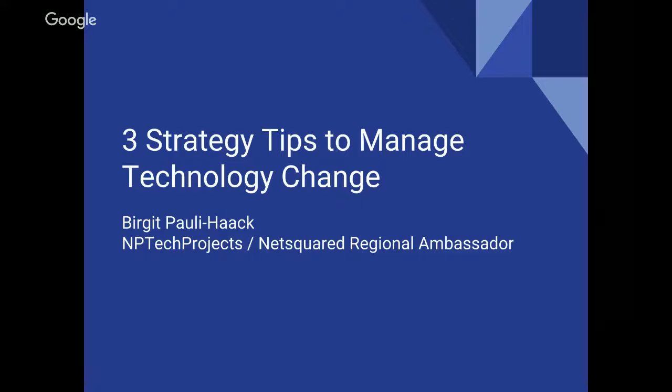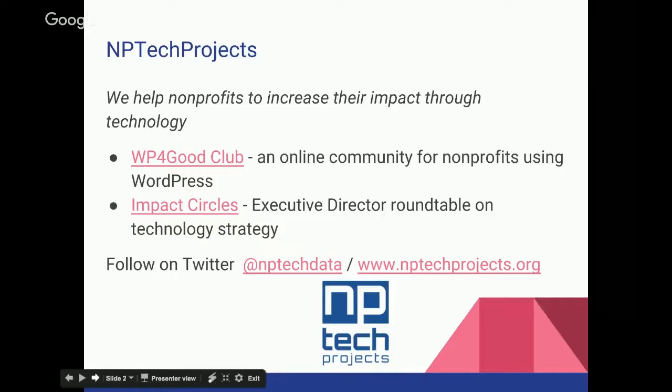Working with nonprofits for the last 2 decades in various capacities, I met great technology implementers and fellow teachers. A few of us got together to form NP-Tech Projects. We felt there's a great need in our community to help small and mid-sized nonprofit organizations with a strategic approach to technology so they can increase their impact.